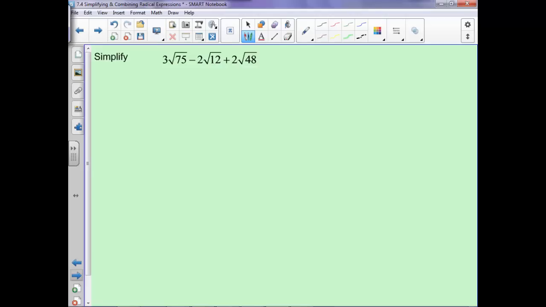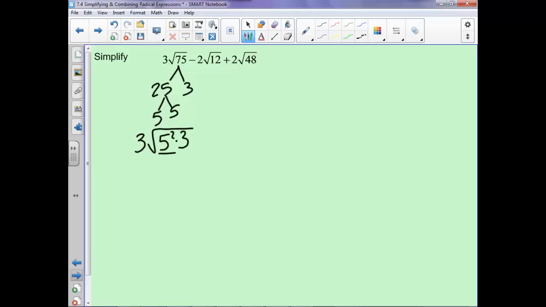Now, in order to add and subtract, they have to be like terms, and in order to be like terms, you have to have the exact same radical. So let's go ahead and simplify each of these individually, and then combine what we can. So the 75 is 25 and 3, which is 5 and 5, so we'll have a 5 squared times 3.